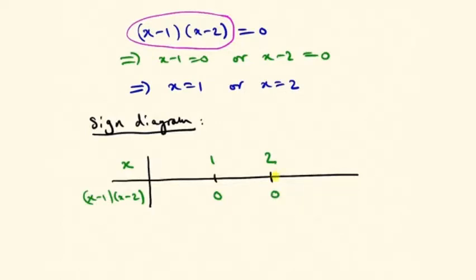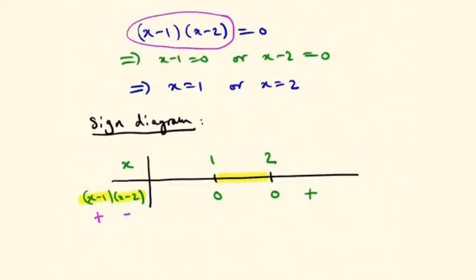If we consider x which are bigger than 2, to the right of 2 on the number line, then both the factors x minus 1 and x minus 2 are positive, and a product of positive numbers is positive. Now if we consider x between 1 and 2, then x minus 1 is positive, but x minus 2 is negative.